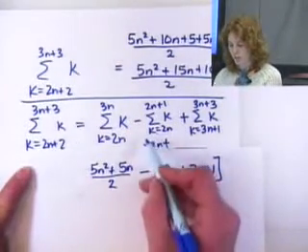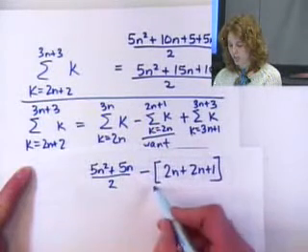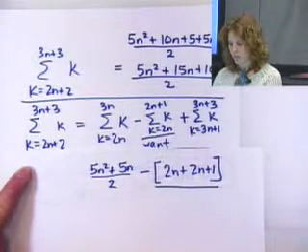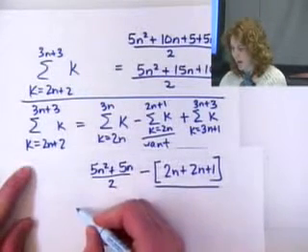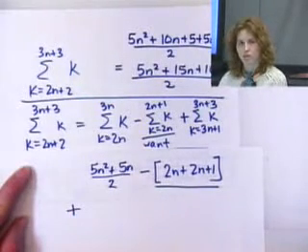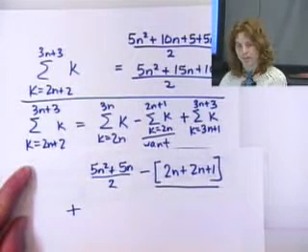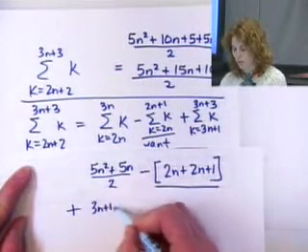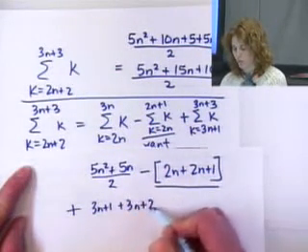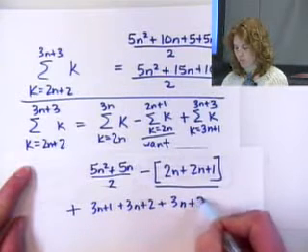That's the second one, right? These two underlined ones are the same. Sorry, I know I have some other stuff on here. And then I want to add what? The stuff for the last summation, right? So that's 3n plus 1 plus 3n plus 2 plus 3n plus 3.